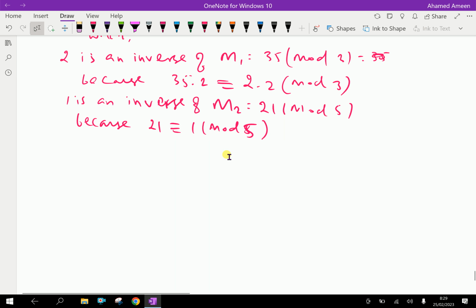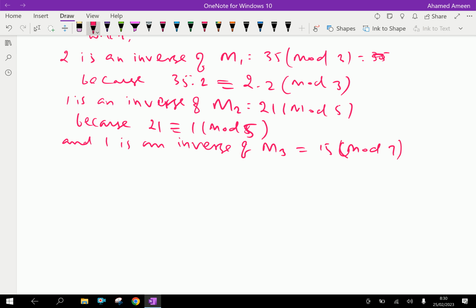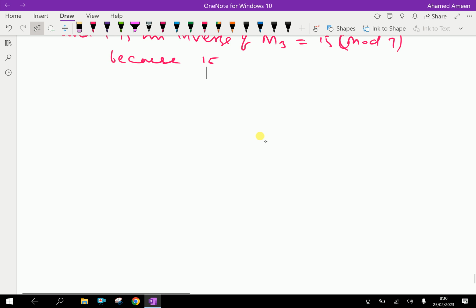And 1 is an inverse of M3, which is 15 mod 7, because 15 is congruent to 1 mod 7.